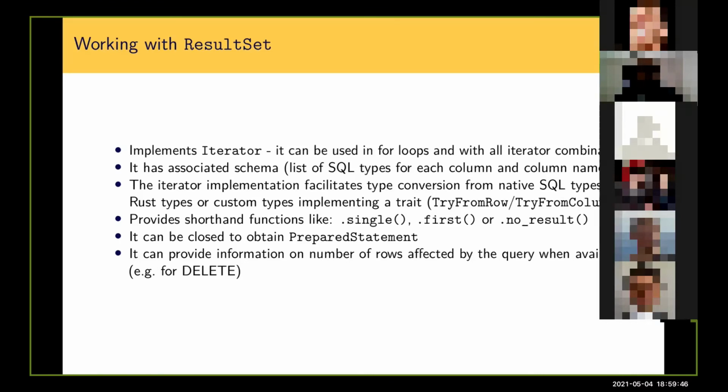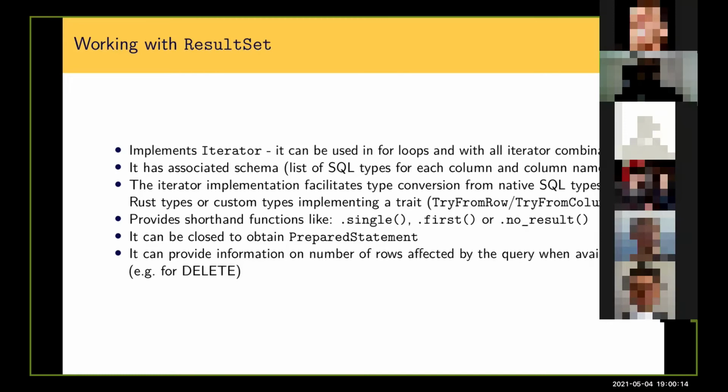If you ask for, say, integer 32, it will try to get an integer column value from the result set. And then TryFromRow represents the whole row, which is what you get in the end. Now I'll talk about this later in more detail.